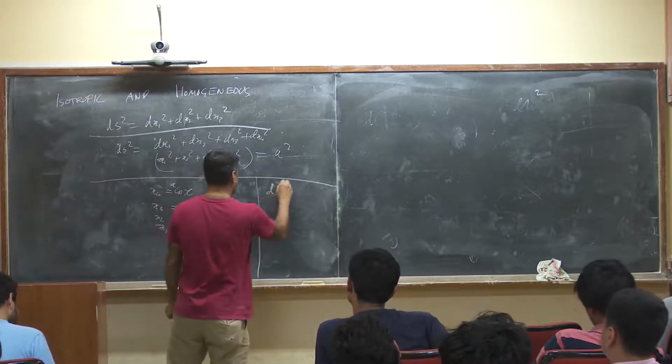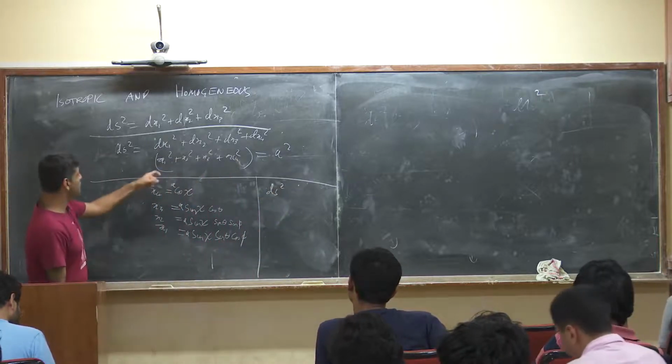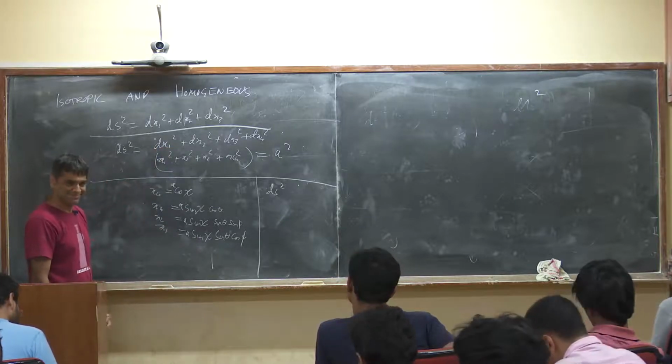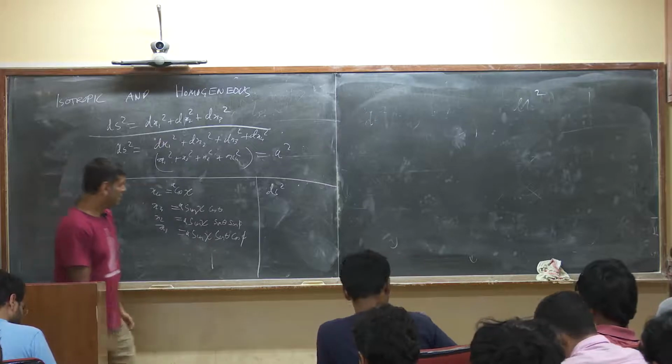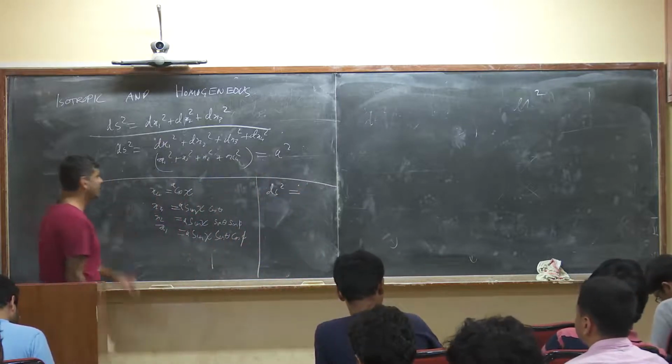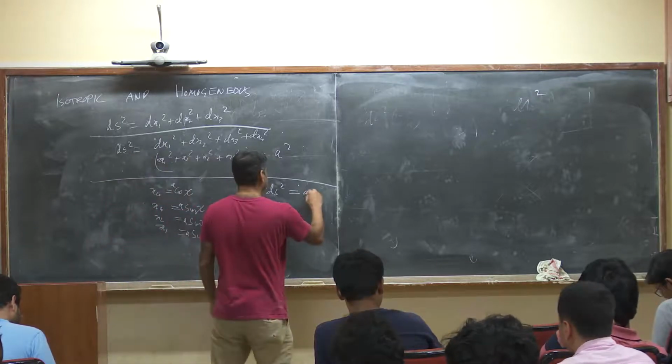ds squared is now what? All we have to do is to take these expressions and plug them in here. So let's see what we get. From x4 squared, firstly we'll get a squared outside everything.